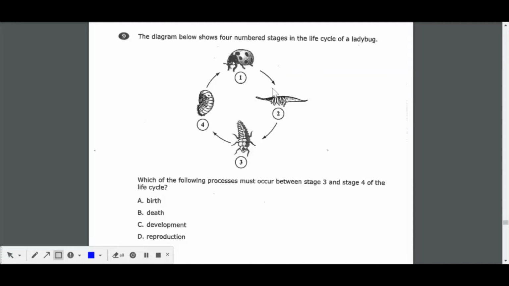We have to think, these look kind of like eggs. So what would this be? What is happening between these 2 phases? Is it birth, death, development, or reproduction? Again, look back at that text to help you answer this question.